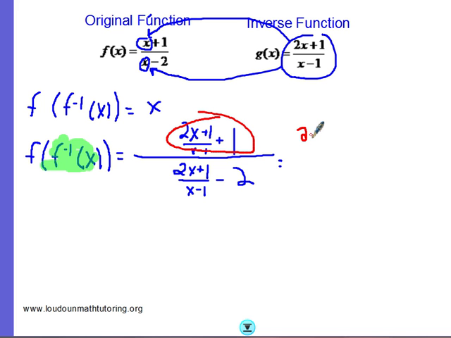Okay, we have 2x plus 1 over x minus 1. And we're going to add 1. Well, how do we add 1 so that it's a common denominator of x minus 1? Well, anything divided by itself is just 1. So think of that as x minus 1 over x minus 1.